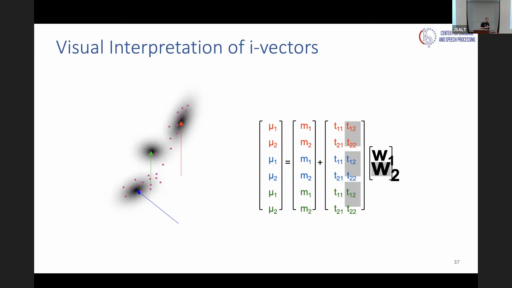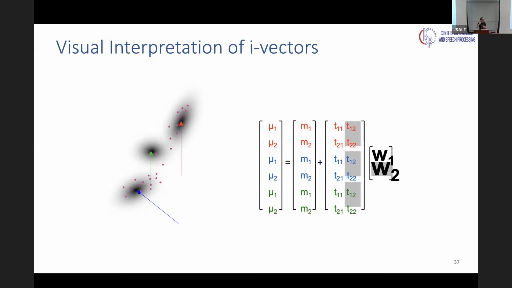Like, this is how this person pronounces their ahs and their o's, and that is you adjusting the Gaussians to better represent the data, or am I misunderstanding? Yeah. So you first train this Gaussian mixture model with all the data, and then you train the T-matrix, also based on the data, and in that way you get a model that tells you how the GMMs of utterances actually behave.